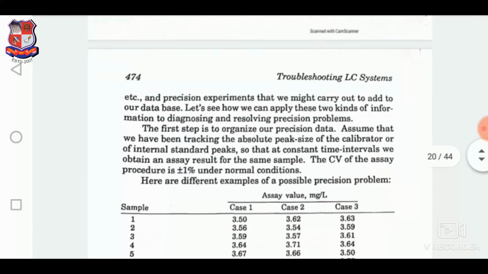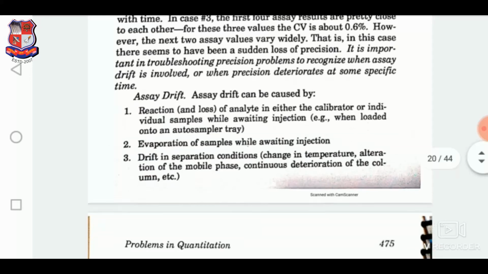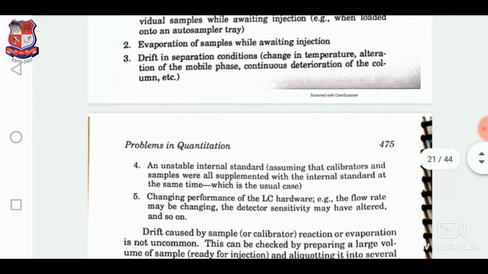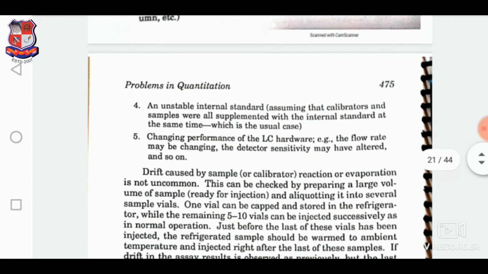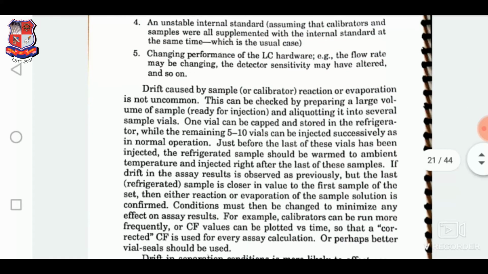Solving precision problems. So assay drift can be caused by reaction of analyte, evaporation of sample, drift in separation conditions, unstable internal standard, changing the performance of LC hardware.